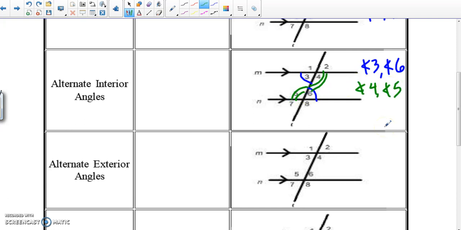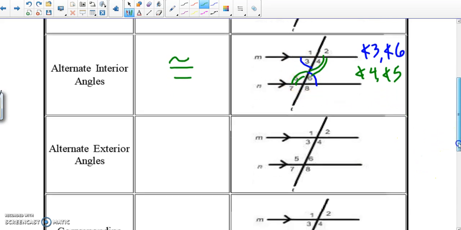There are your alternate interior angles. And alternate interior angles are also congruent. So 3 is congruent to 6 and 4 is congruent to 5. So for your homework tonight, if you see a pair of angles that have this relationship that are alternate interior, you'll set them equal and you'll solve for x that way.